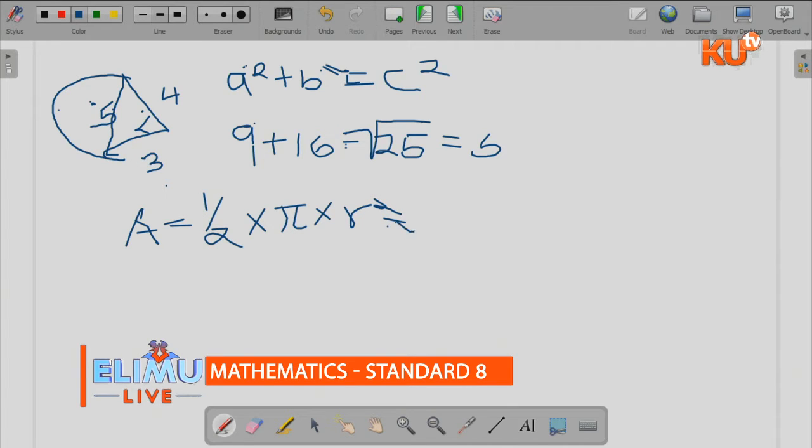We have been advised to use 3.14 by the radius. That 5 is the diameter, so we use the radius as half of the diameter, which is 5/2 times 5/2.